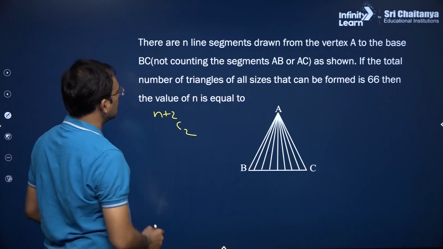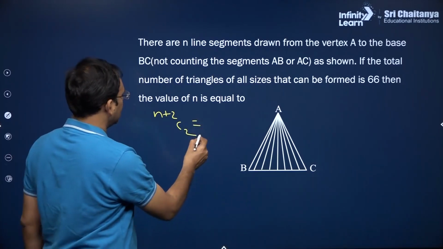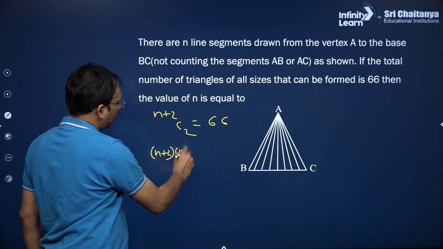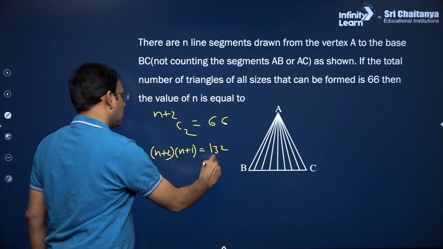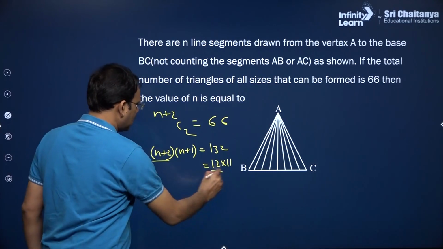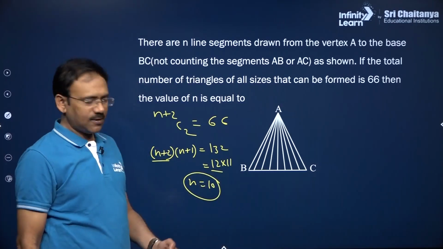So, he said in the problem it is 66. So, this is (n plus 2) into (n plus 1) is equal to 132. 132 is 12 into 11, right? Yes, n plus 2 is 12. So, n is equal to 10, my dear friends. The value of n is 10.